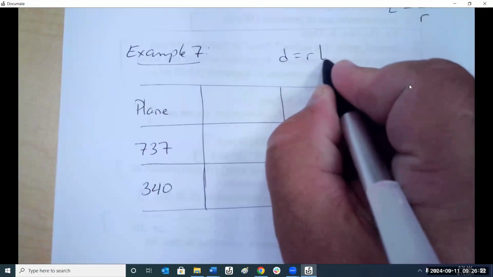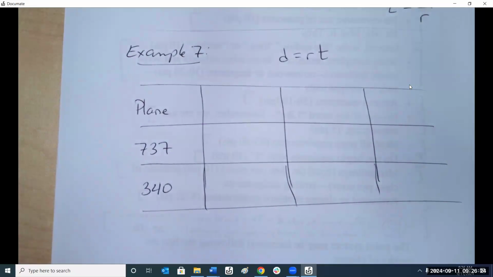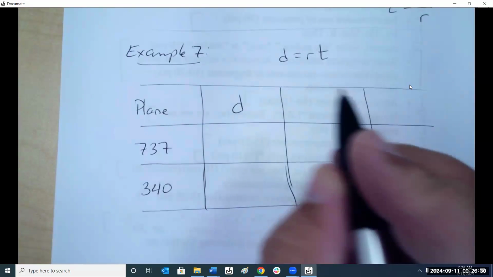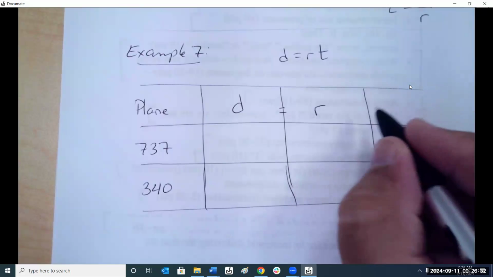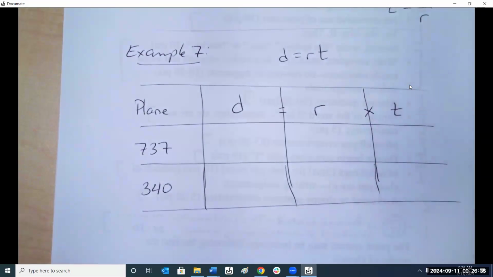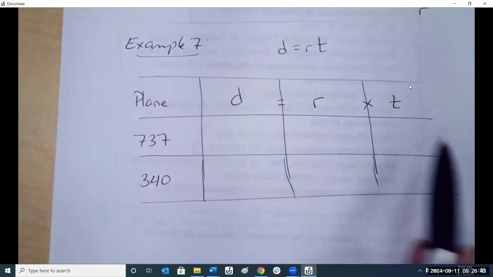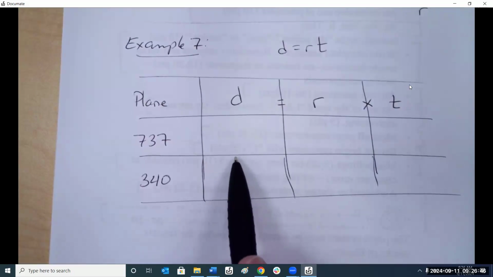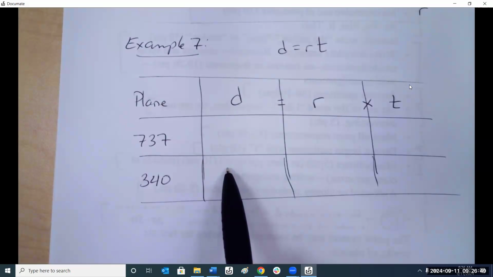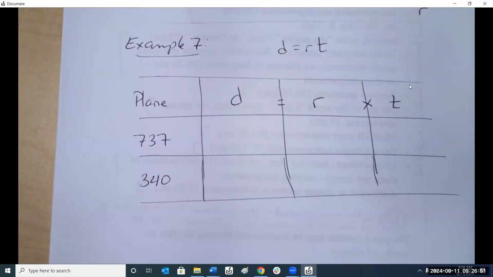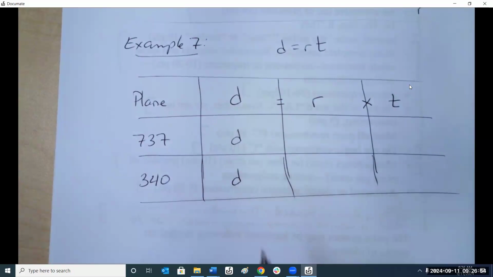So we have to use this formula: distance equals rate times time. So what do we know inside these boxes? Do we know the distance? No. The only thing we know is when they overtake them, the distance has to be the same. They have to be the same distance.